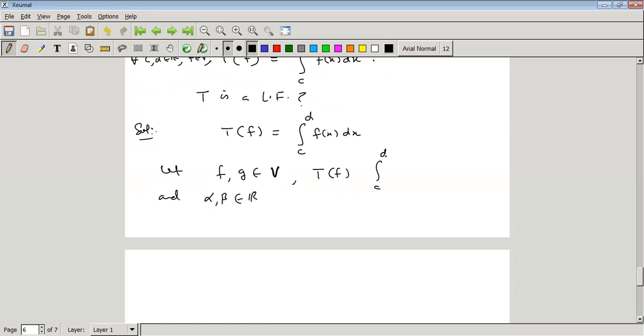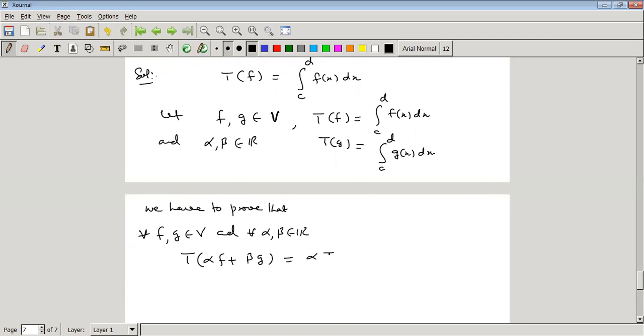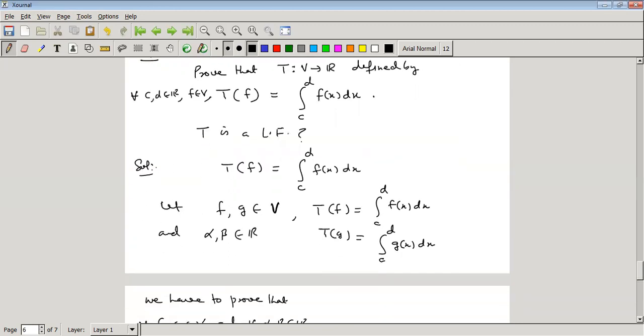T of f is the integral from c to d of f of x dx. What is T of g? The integral from c to d of g of x dx, because this belongs to the vector space, right? Now what do we have to prove? We have to prove that for any f, g in V and for any alpha, beta in R, T of alpha f plus beta g equals alpha times T of f plus beta times T of g. So this is our goal.